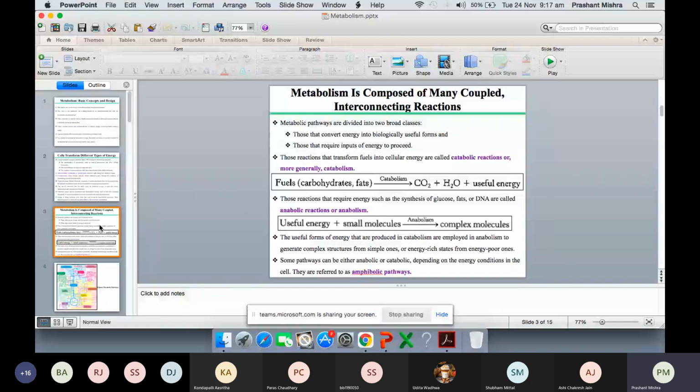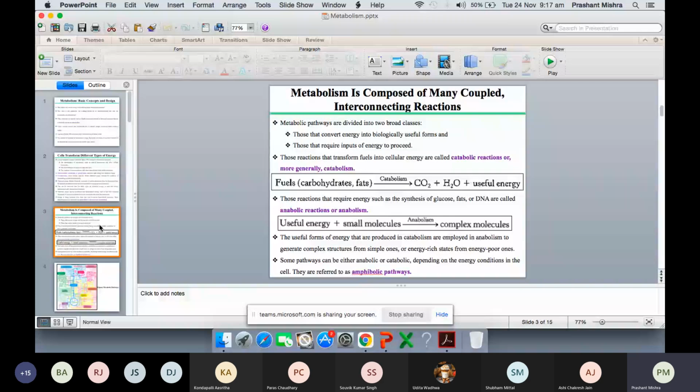For example, if muscle action occurs, you require energy. If you want to transport a molecule, you require energy. On the other hand, if I want to produce energy, you can break down carbohydrate and have energy. You can break down proteins, and the amino acids can enter a pathway, and you have energy. So there are different ways in which energy is produced, and different ways in which it can be utilized.